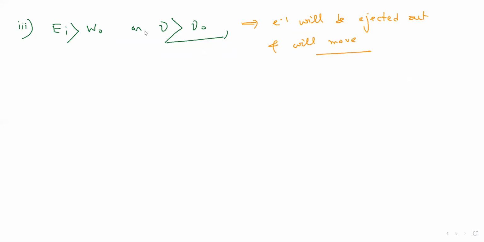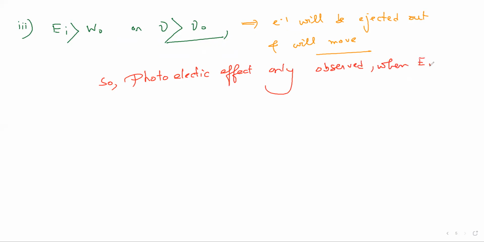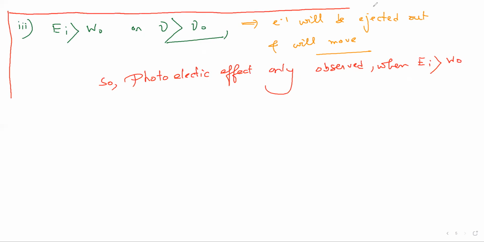So only in this condition is the photoelectric effect observed. Photoelectric effect is only observed when EI value is greater than W naught. That is a very important point.